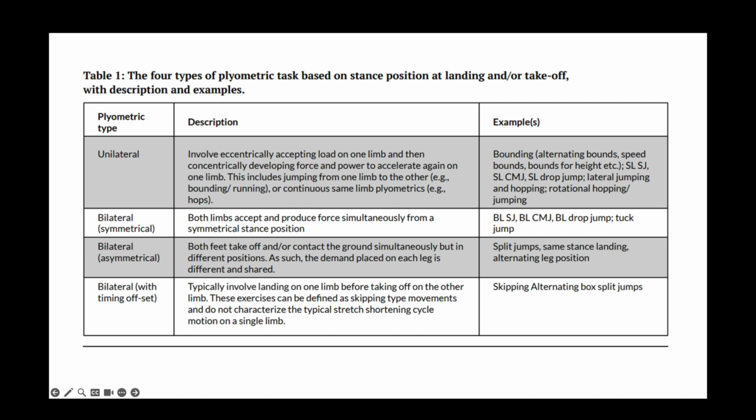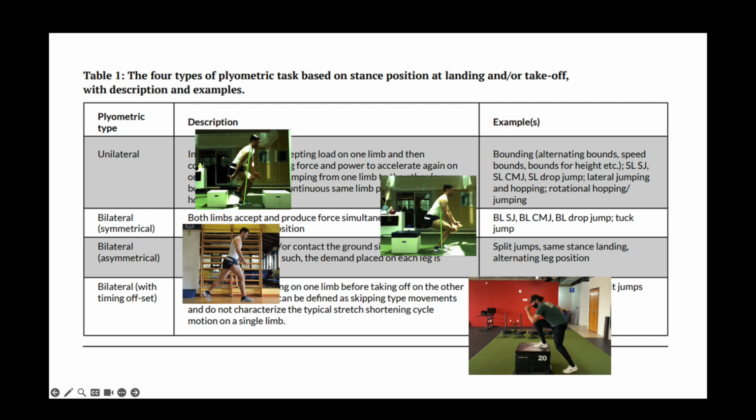That's also where this chart is from, where they broke things into unilateral, bilateral symmetric, asymmetric, and offset. Some examples of that are unilateral jumps, a bilateral squat jump, a lunge jump, and you can also do the offset timing where you jump up and then land with the other foot on a box.